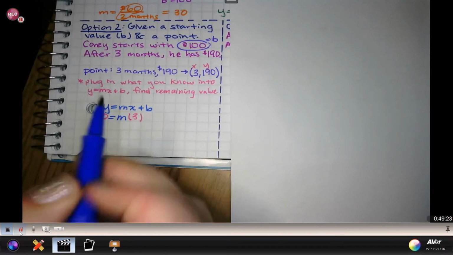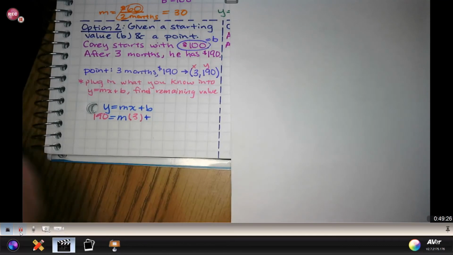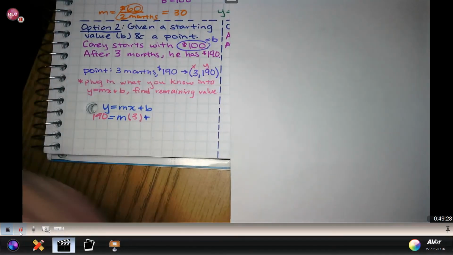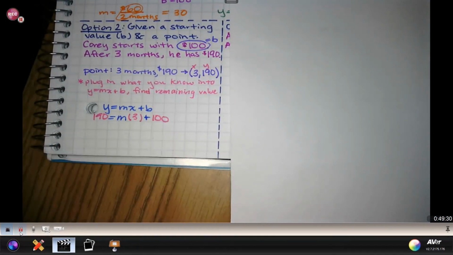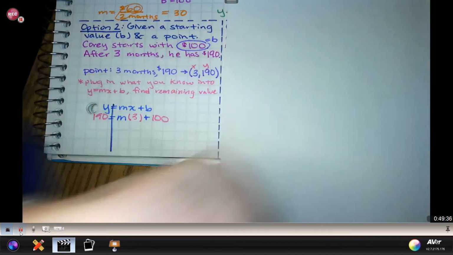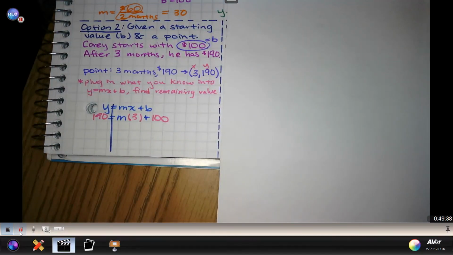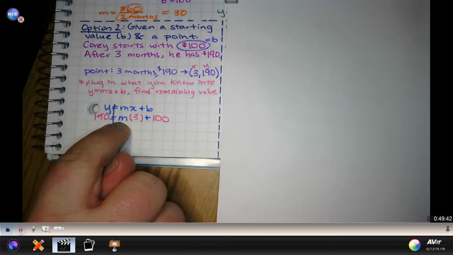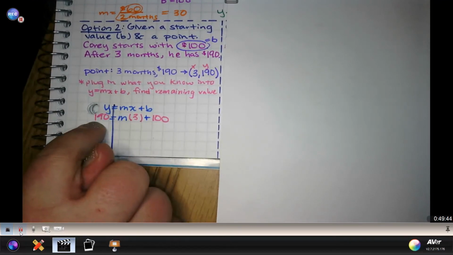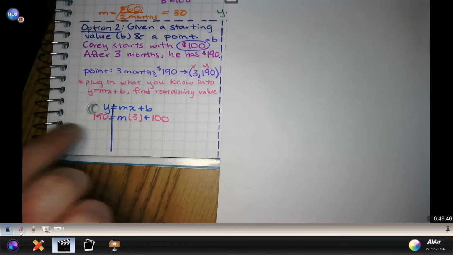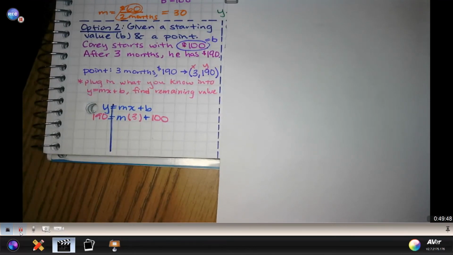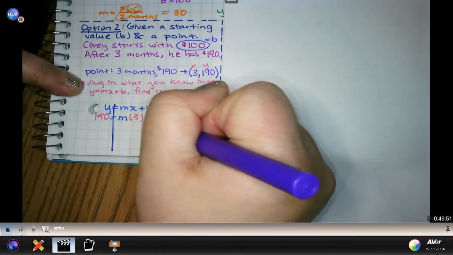And then plus, and then my b value from way up here is 100. Okay, so again, you can use guess and check, or you can solve. It's up to you. So if you use guess and check, you just plug things in here until you get that side to equal 190. Or you can subtract 100 from both sides because you have to do the opposite.